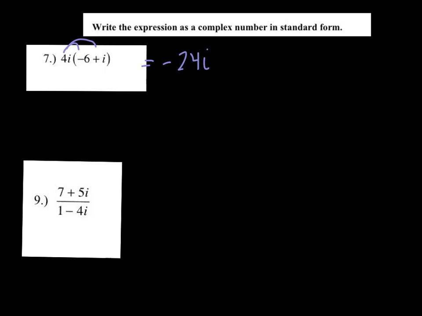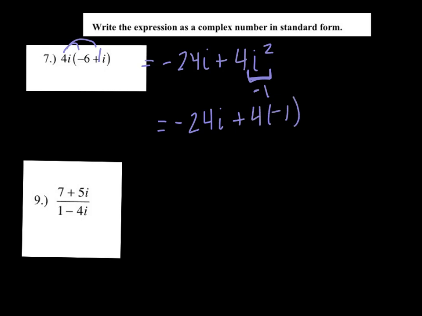And then 4i times 1i, remember you can put the 1 there if that helps you. 1i is going to give us 4i squared. So right here, when you see i squared, you want to replace that with the value negative 1. So this becomes negative 24i plus 4 times negative 1 now.